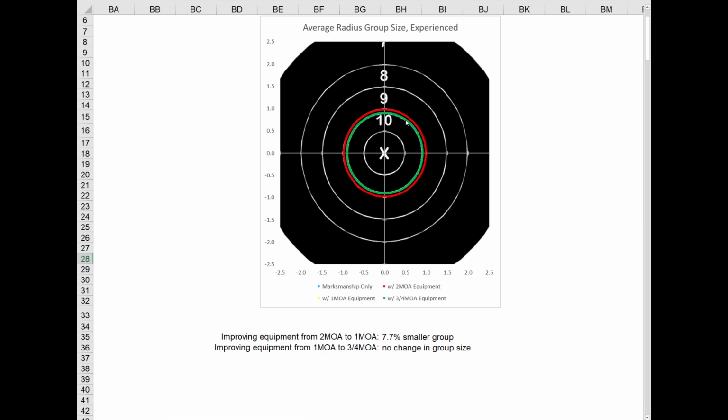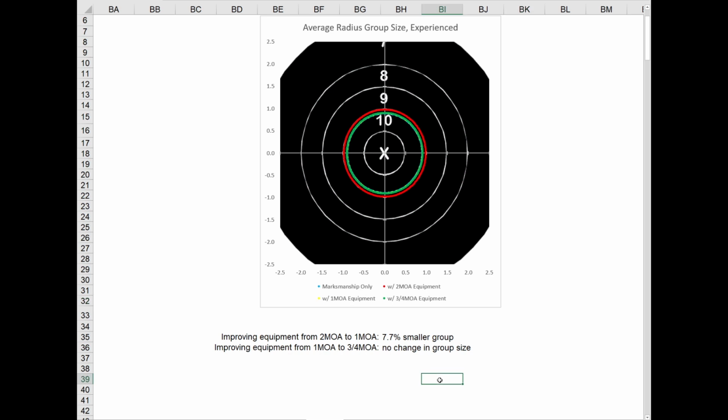And again, you can see that on the target because in this inner ring is basically 3 sets of data: the marksmanship only, the 1 minute of angle, and the 3/4 minute of angle. So whether this shooter uses 1 minute of angle equipment or 3/4 minute of angle equipment, they're basically getting the same size group that their marksmanship skills are delivering.